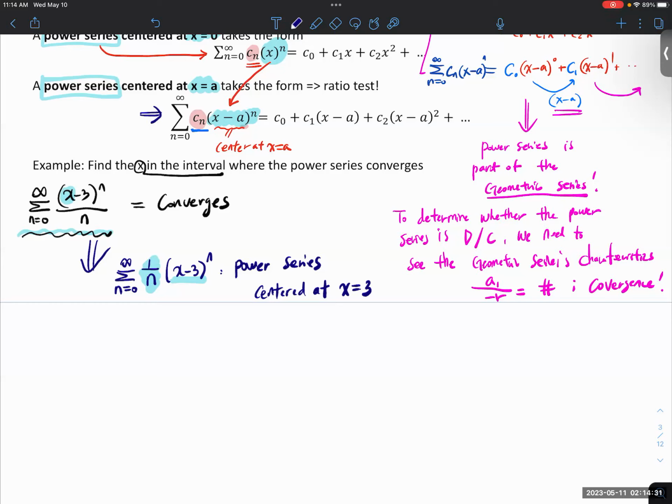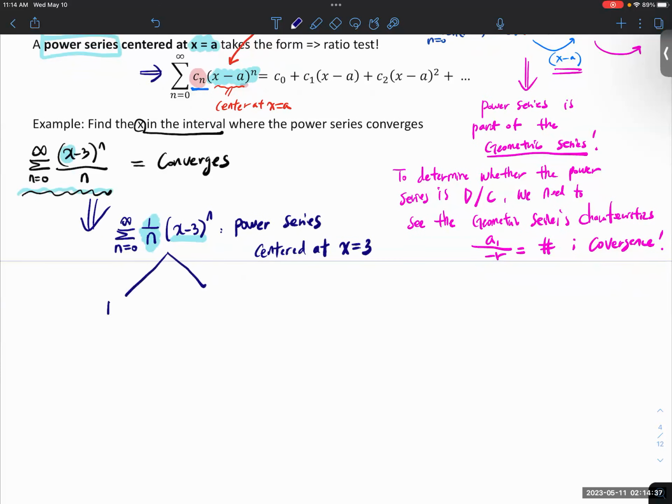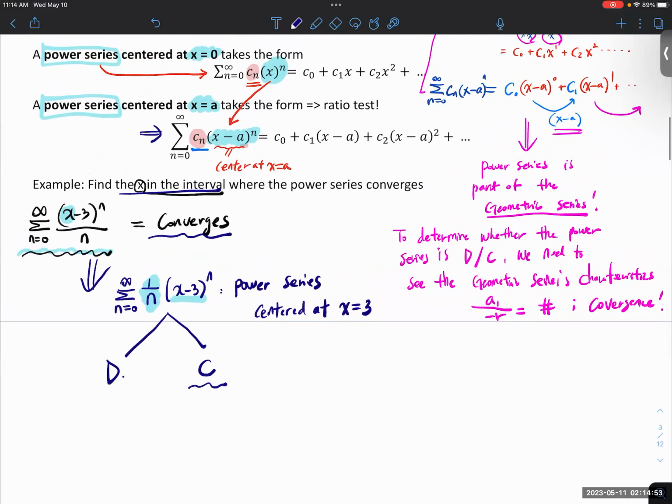Okay, that's good. So I want to know now whether this is divergent or convergent. If it is convergent, which x interval gives you that power series becoming convergent? Are you following that logic so far?